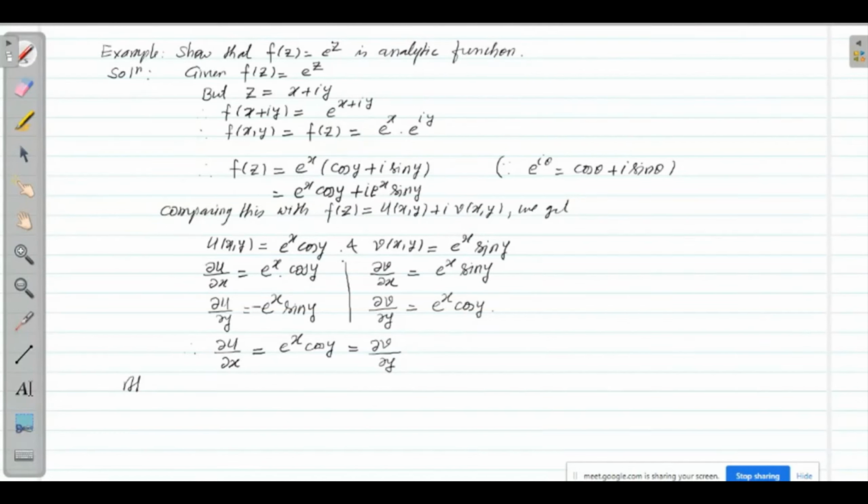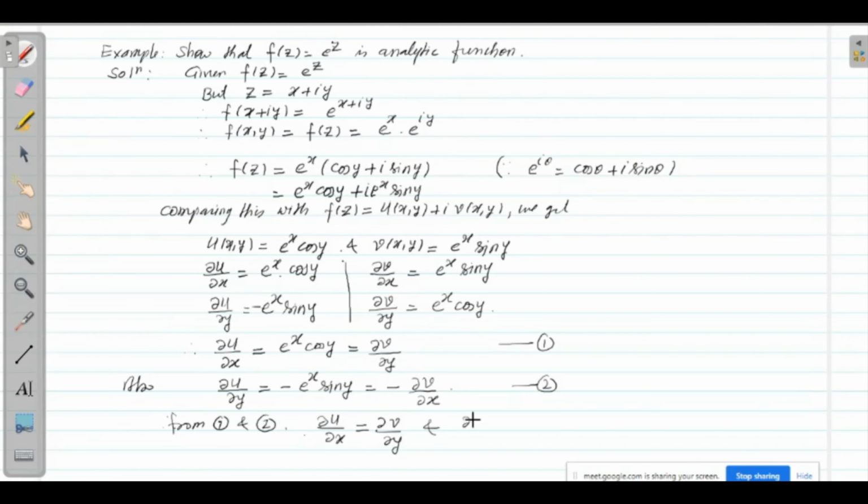Also, dou u by dou y is minus e raised to x sin y, but e raised to x sin y is dou v by dou x, so it is minus dou v by dou x. Therefore, from 1 and 2, we can say that dou u by dou x is equal to dou v by dou y, and dou u by dou y is equal to negative of dou v by dou x.